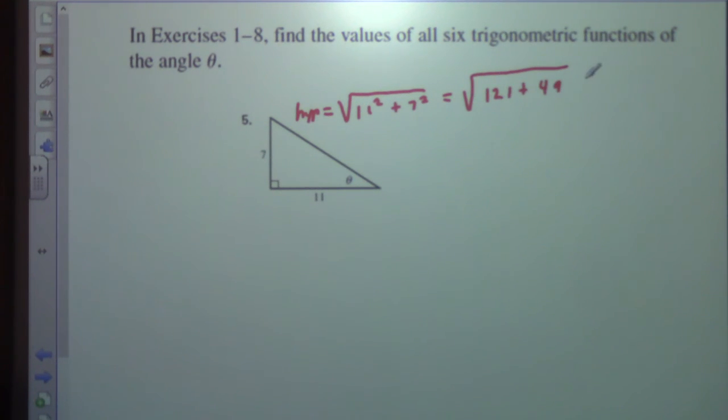So the square root of 170 is the way you could write that. And once you have that, it's pretty easy from there, right?